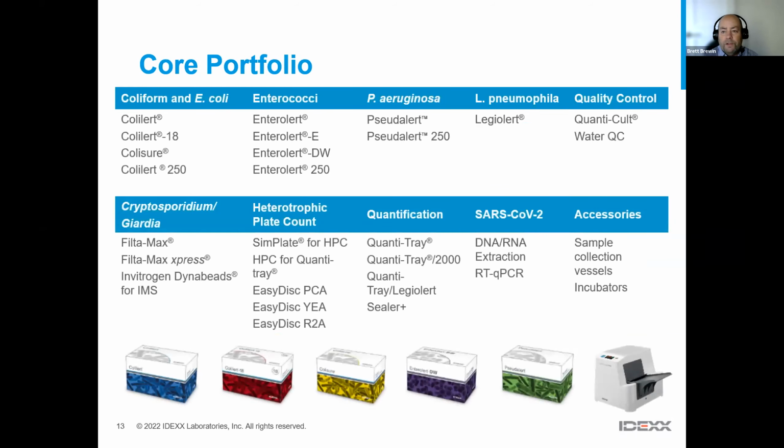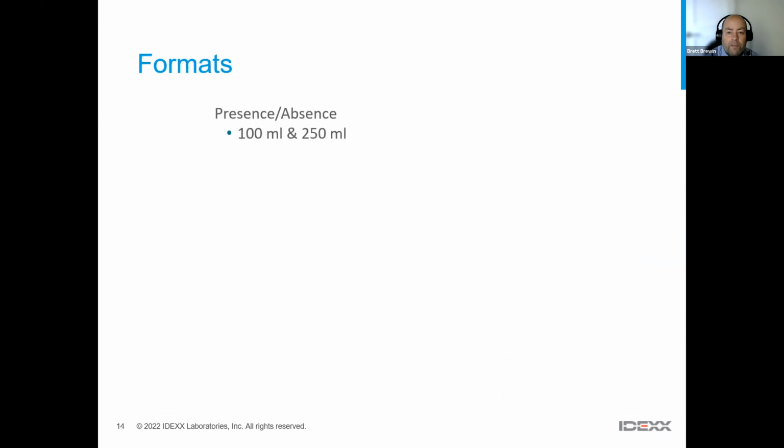This is our core portfolio. We have numerous products for detecting the various groups of bacteria, whether they're pathogenic or indicator organisms. And we have a lot of accessory products as well. Formats: typically we're using presence absence, and we can do that in either a 100 milliliter format or a 250 milliliter format.